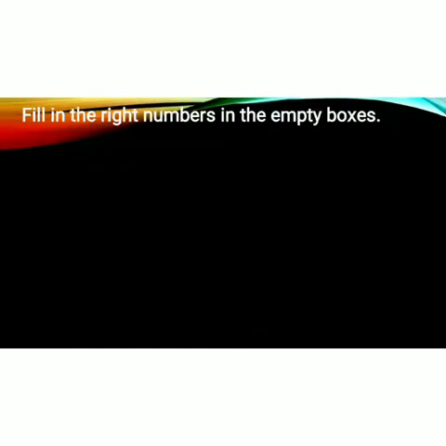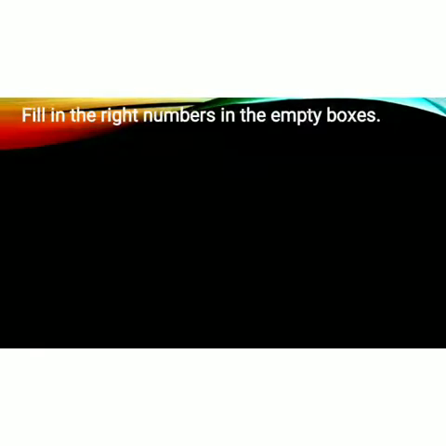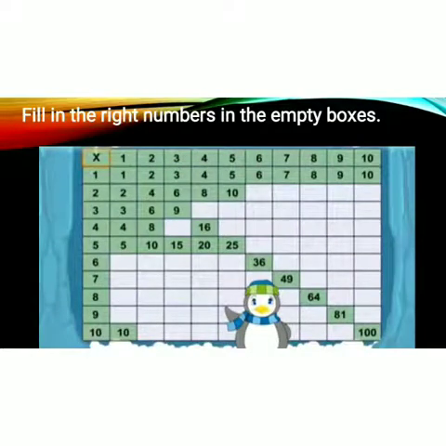Now fill in the right numbers in the empty boxes. Now children, here one box is given and you have to fill the right numbers in the empty boxes. Look carefully at which numbers are given in this table.